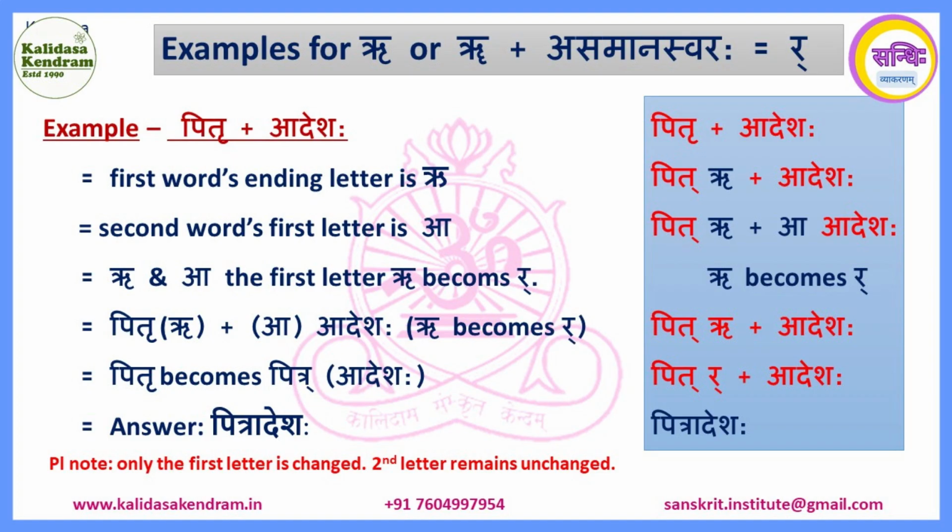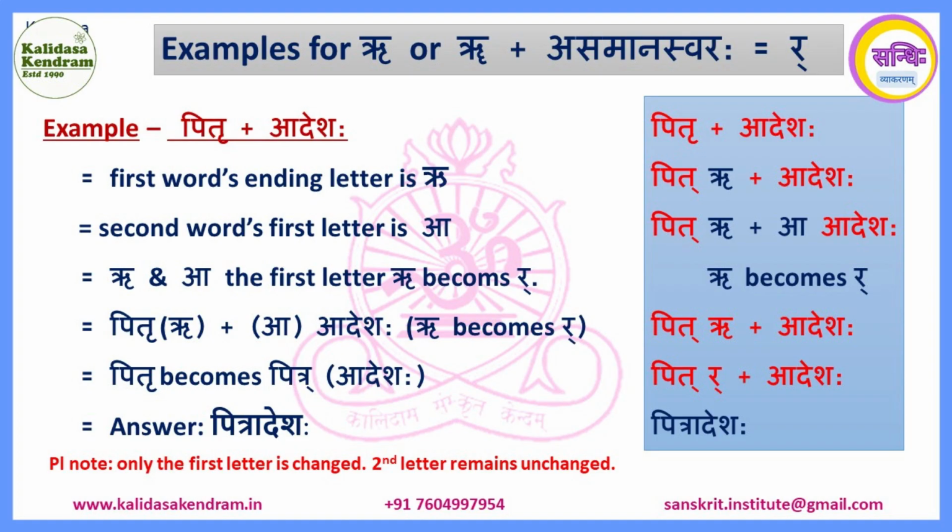Please understand this. Pitru. The first word ends with Ri. Adeshaha. The second word starts with A. Now, the first alphabet Ri becomes Ra. Pitru becomes Pitr plus Adeshaha. So, Pitradeshaha. See the derivations given in the box.